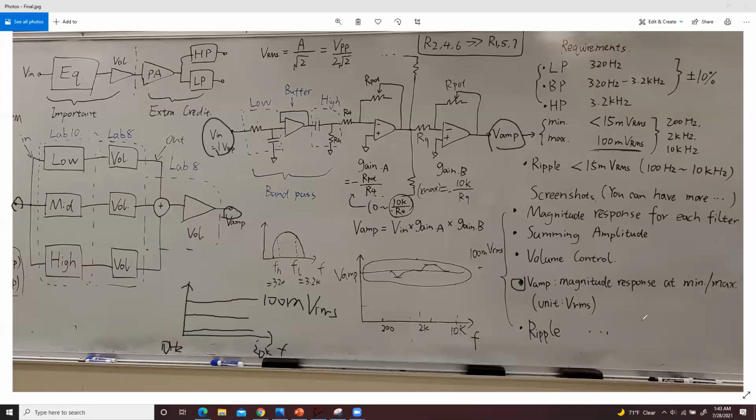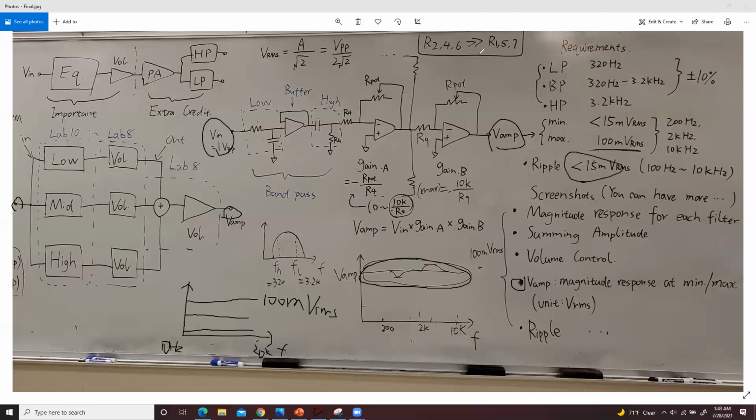So for example, after you get the Vamp at maximum, you want to zoom in on this part so we can clearly see your ripple, and you can measure the minimum and the maximum. The ripple should be within this range.